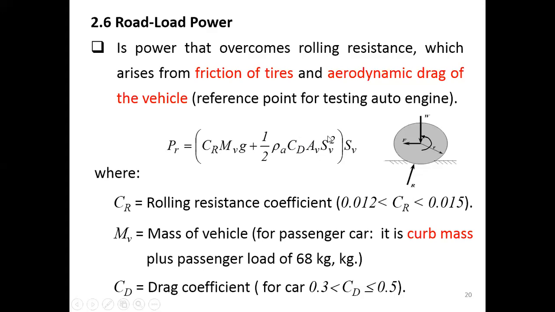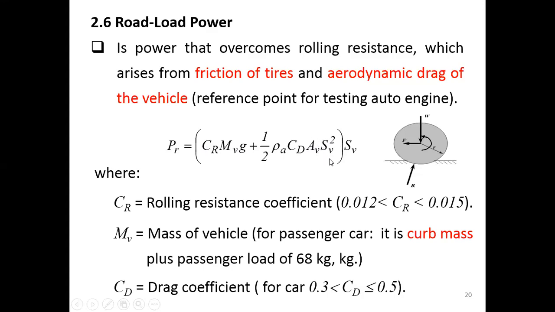So the power to overcome the rolling resistance because of the mass of the car, M_V, plus the power to overcome the resistance force, or the drag force or aerodynamic force, when the car is run at this speed.